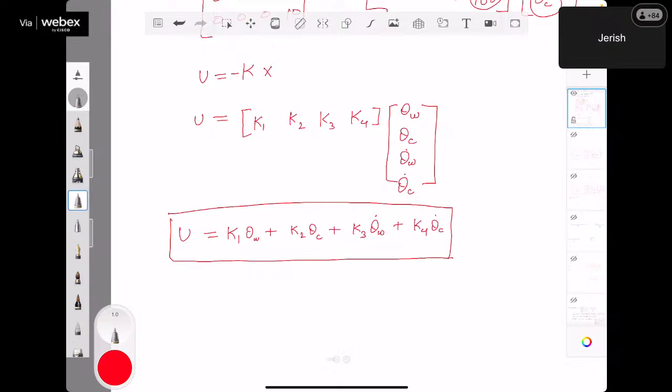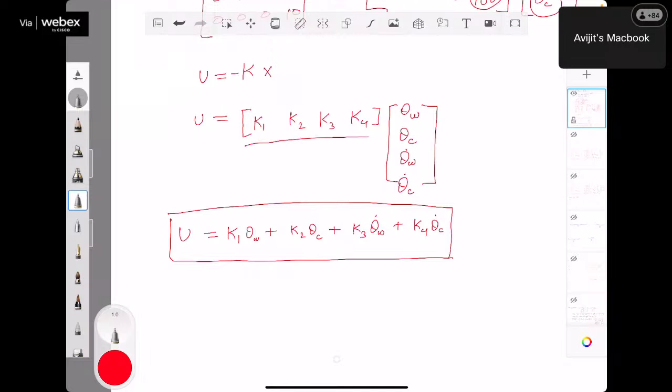Okay, so we have understood what the K matrix is. The K matrix is the final outcome of all the mathematics and all the calculation done through LQR while implementing the LQR controller. So this is the final output.